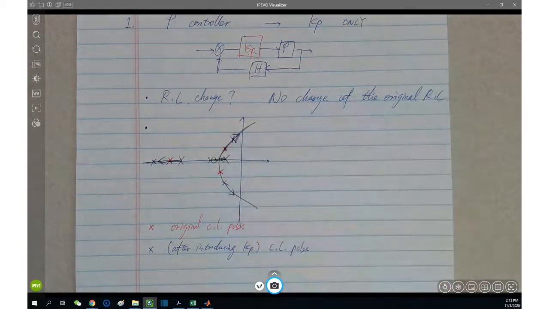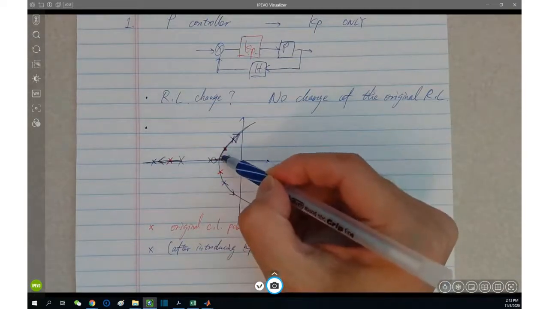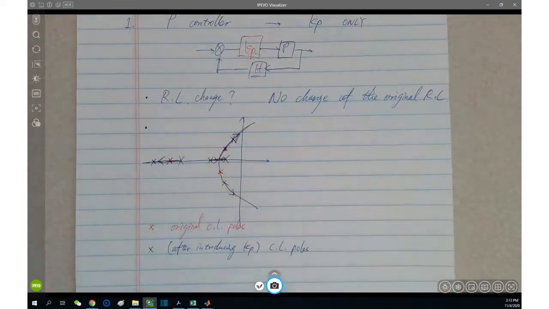But if KP is less than 1, what happened? The other way around, moving here. Does it make some sense?